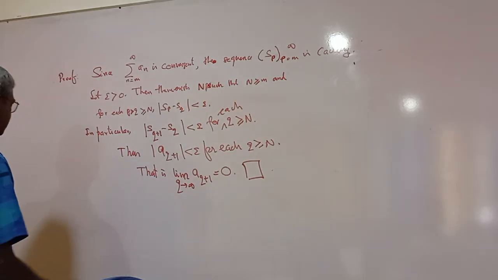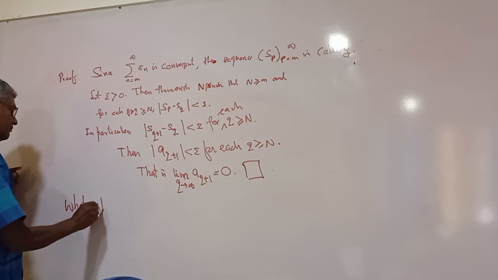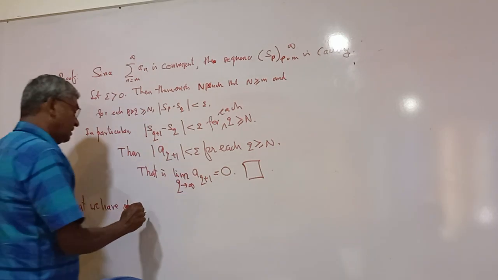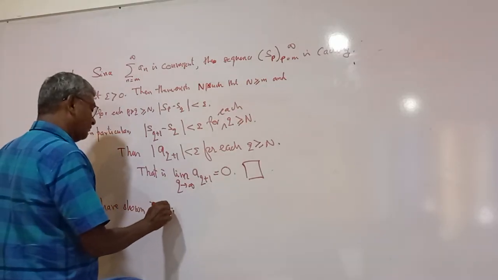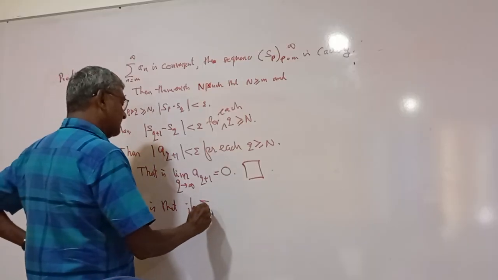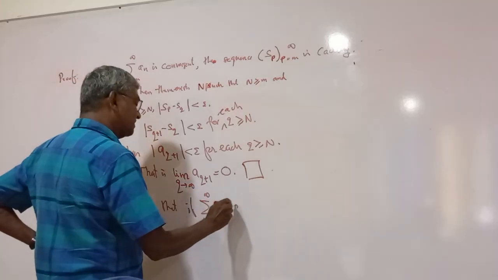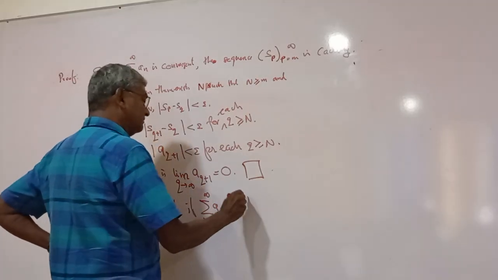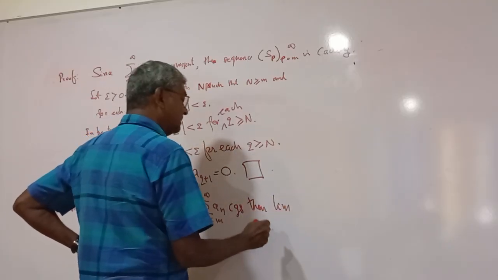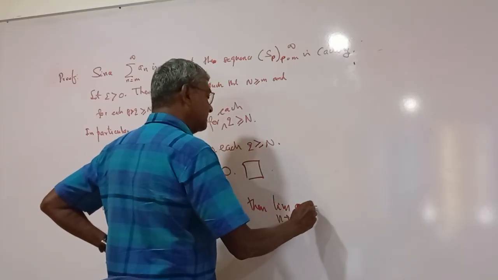What is important is what we have shown: if sigma a_n, n going to infinity, converges, then limit n tends to infinity a_n is equal to 0.